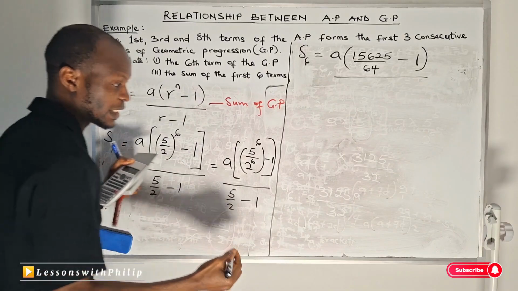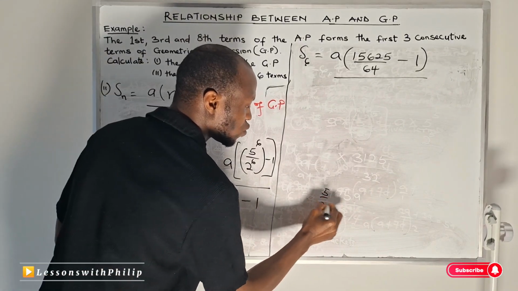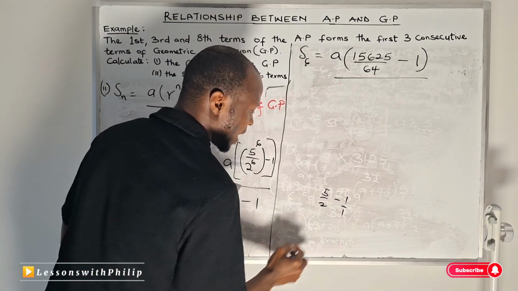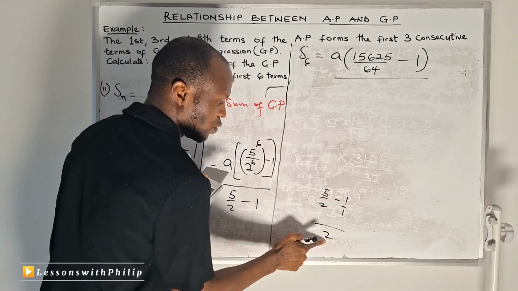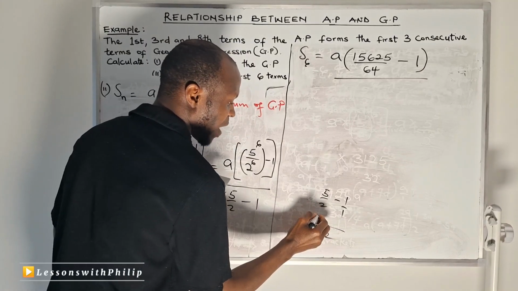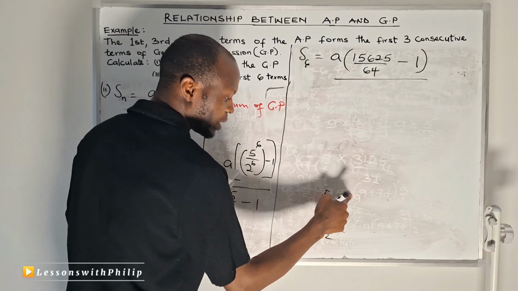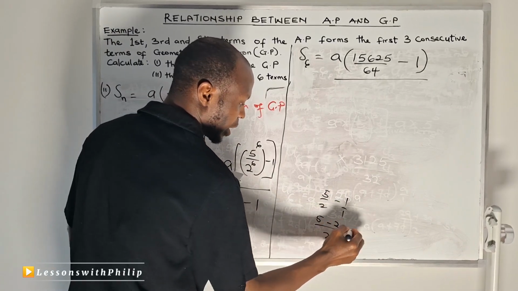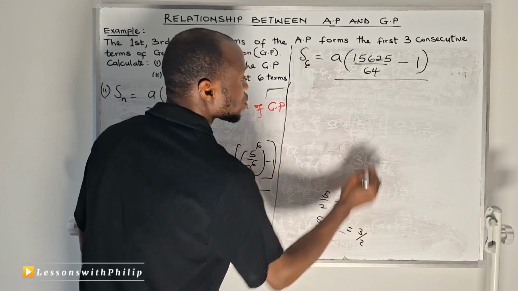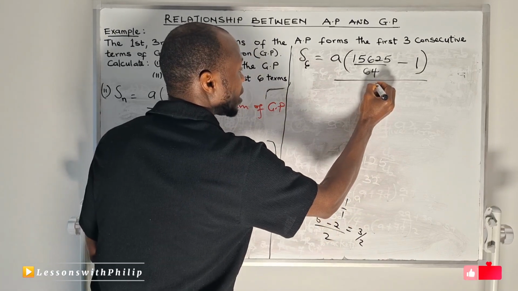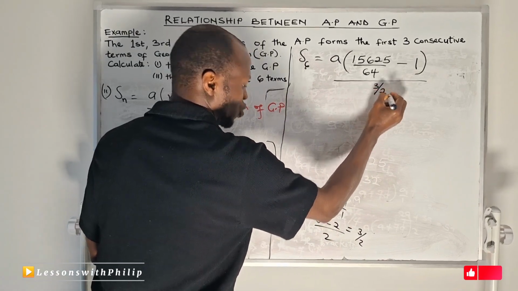We can do that now. 5 over 2 minus 1. You find the LCM. The LCM is 2. 2 in 2, 1. 1 times 5 is 5. Minus, this is 1 into 2. 2 times 1 will give me 2. Okay, that will be 3 over 2. So this is the same thing as divided by 3 over 2. Are you getting it?